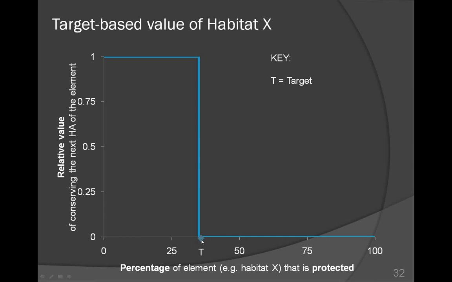Sometimes it's an arbitrary process for identifying that target. And then when your site selection algorithm is working, it is saying, okay, until we preserve that target, it's just as important to conserve that habitat even if it's at 24% than if it was at 1%. But then once we've met that target, it's not important at all to conserve that habitat anymore.